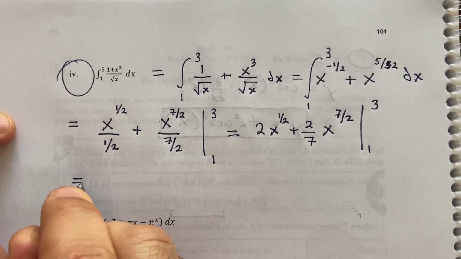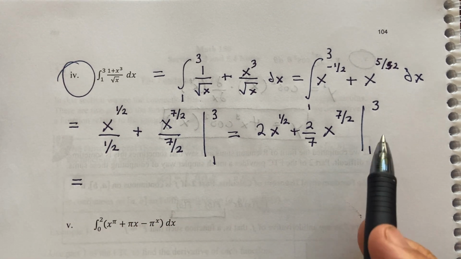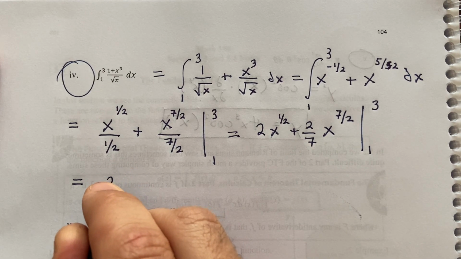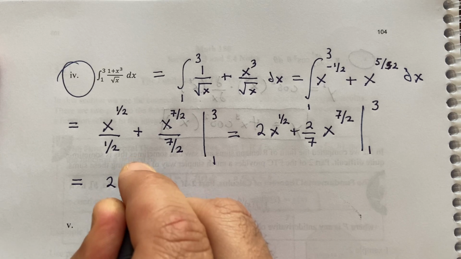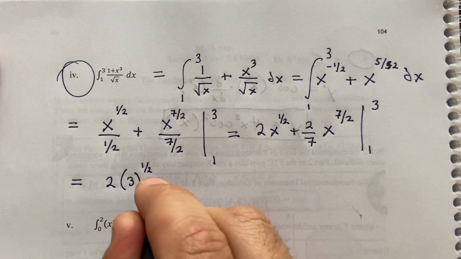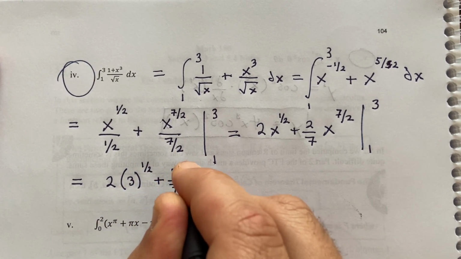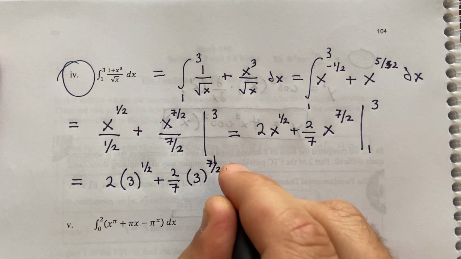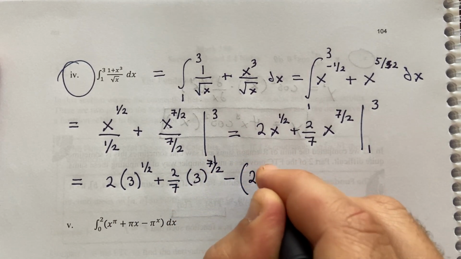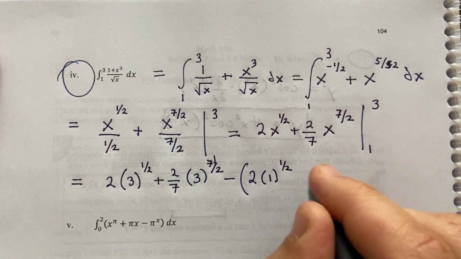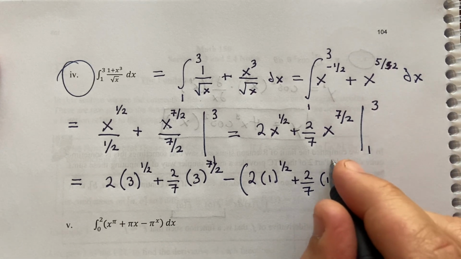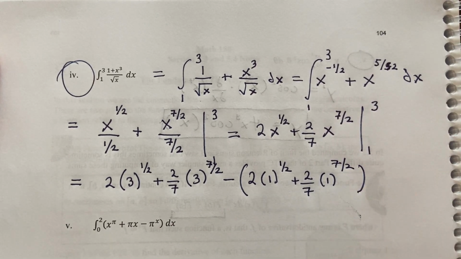So fundamental theorem of calculus part 2 says I can take the upper minus the lower. So 2 times 3 to the 1/2 plus 2/7 times 3 to the 7/2 minus 2 times 1 to the 1/2 plus 2/7 times 1 to the 7/2.